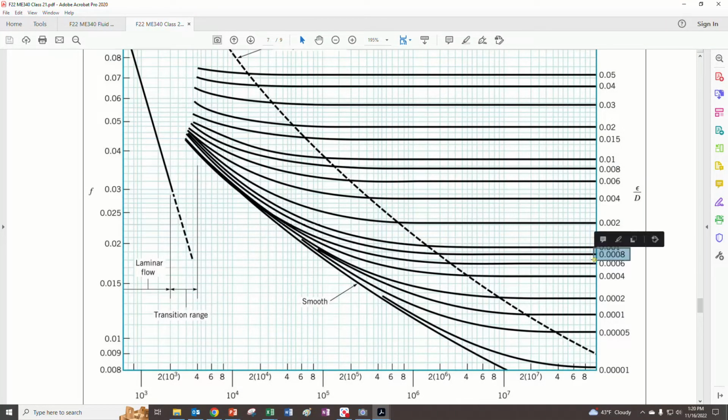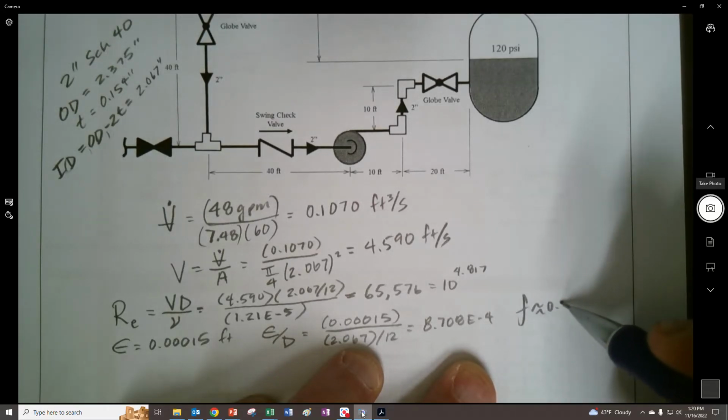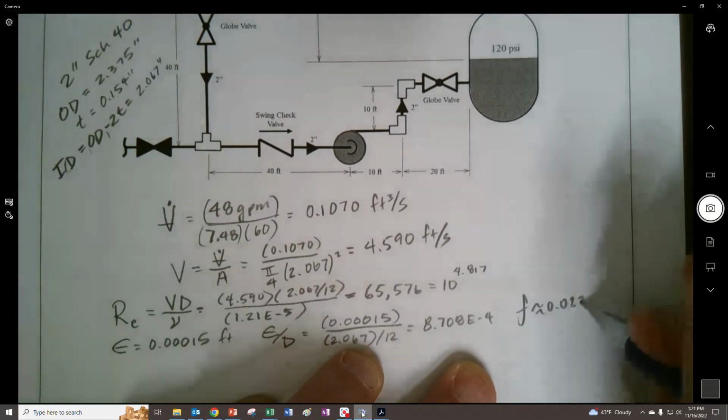So it's going to be kind of in this range, I think. I think I'm getting that right, somewhere in between these two. If we bring this up right into where I have my cursor, somewhere in there, I'm estimating that we're going to get 0.0225, which is what I have written down. That's what I decided it had to be, somewhere in that range right there. So my f is approximately 0.0225. All right.